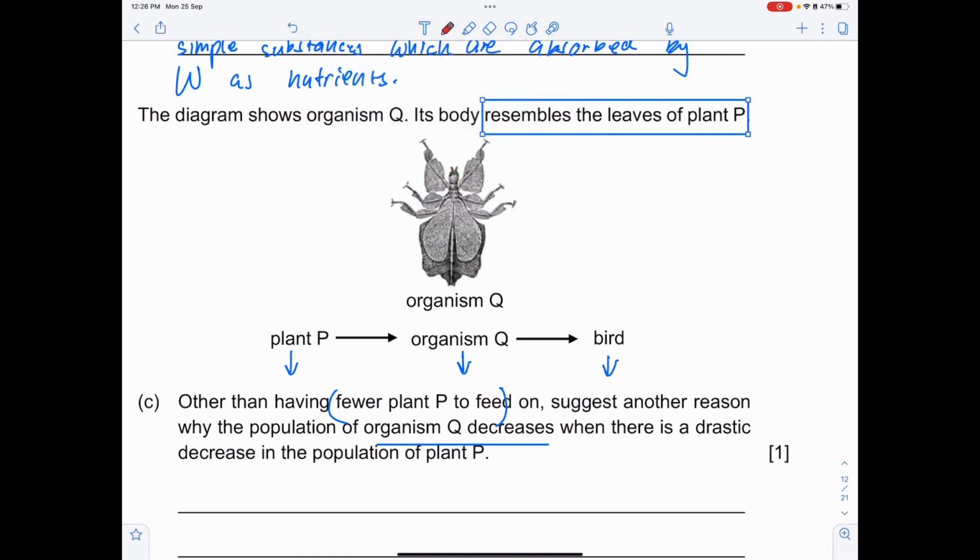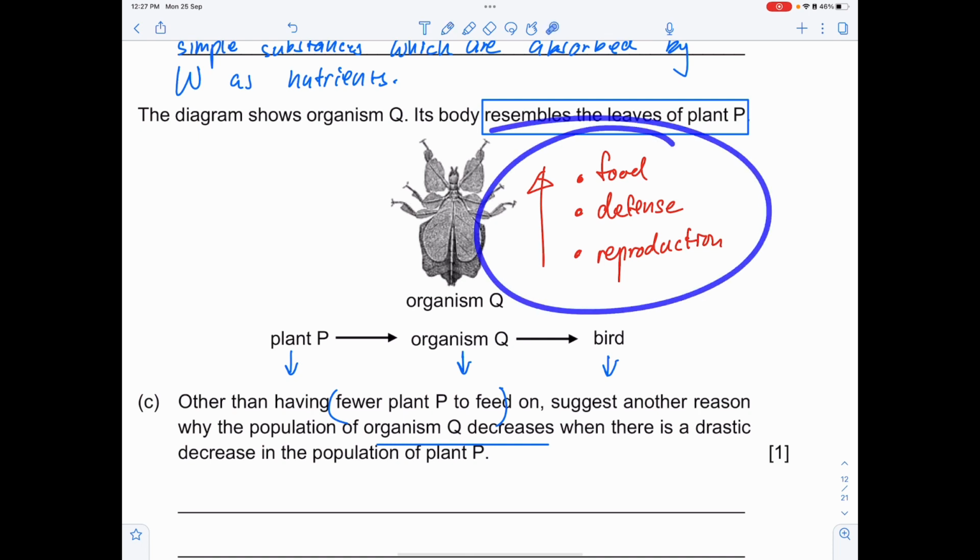Okay, it's either increase in food, increase in defense, or increase in reproduction. So these are the three things that you need to know. Any adaptation, you want an increase in one of these.